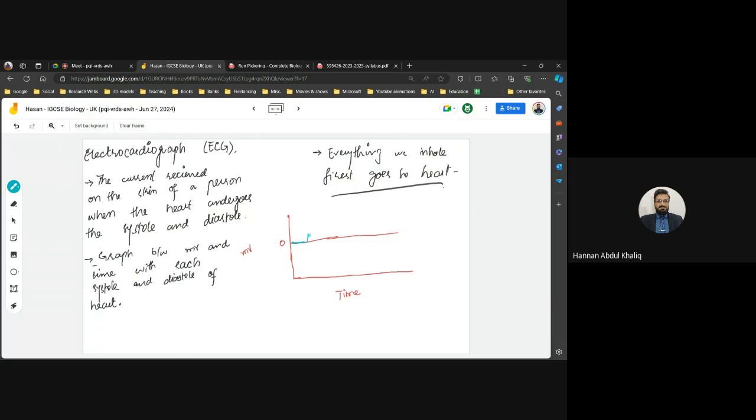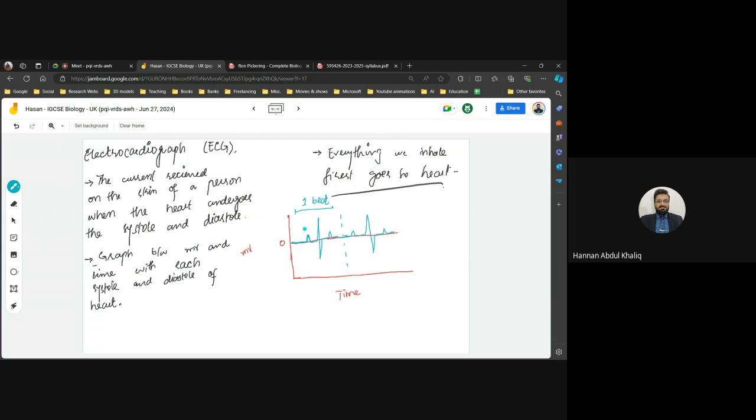Then there is one peak you will receive, then another peak after some time, and then the last peak, after which the next beat would start. So this is the total electricity against time in one beat.